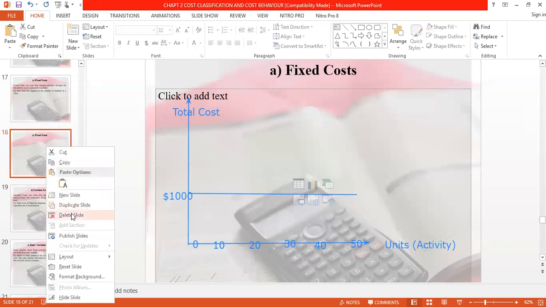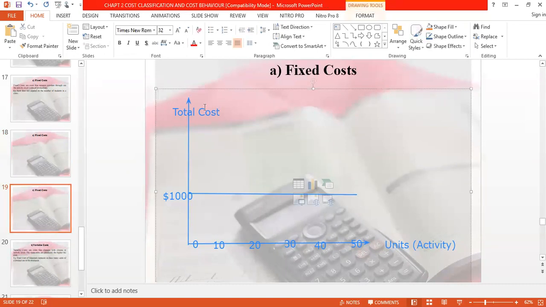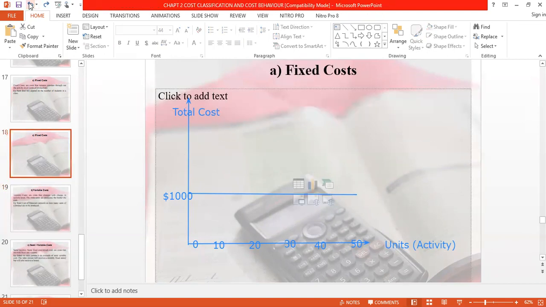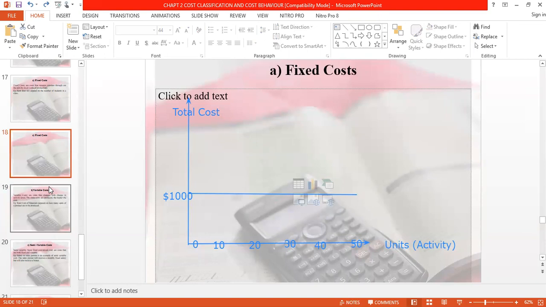If I duplicate that and now look at variable costs, what will we do? So that is an example of a fixed cost.